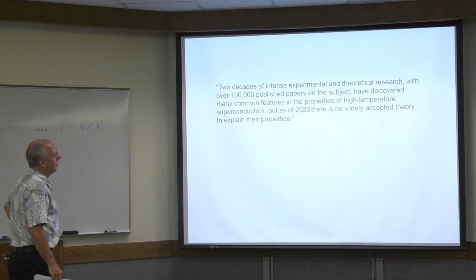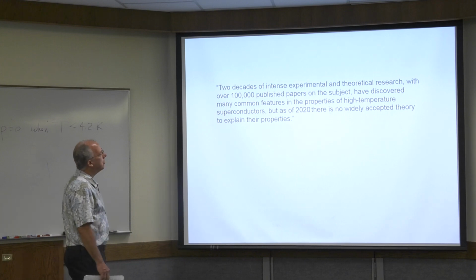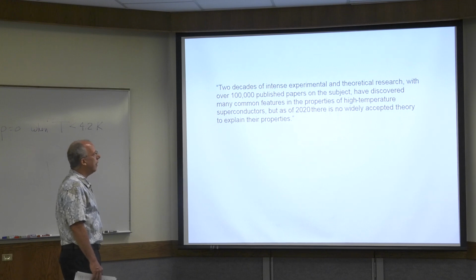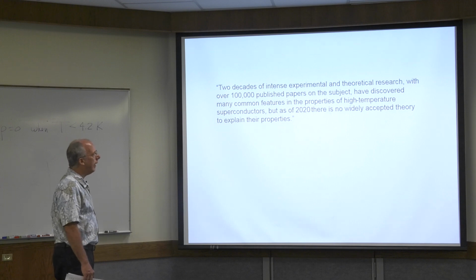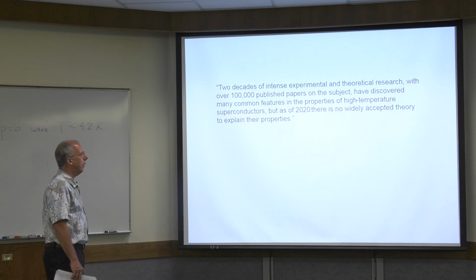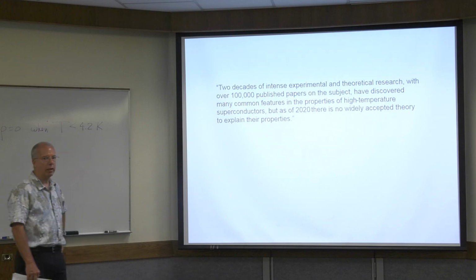2 decades of intense, it's probably 3 decades, of intense experimental and theoretical research with over 100,000 published papers on the subject have discovered many common features in the properties of high temperature superconductors. But as of 2020, there is no widely accepted theory to explain their properties.